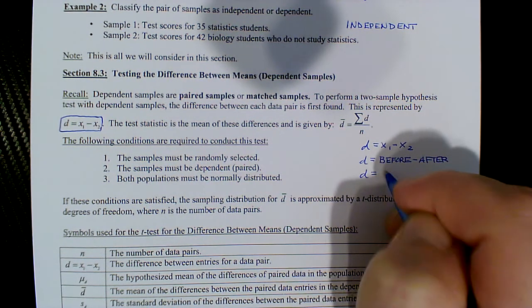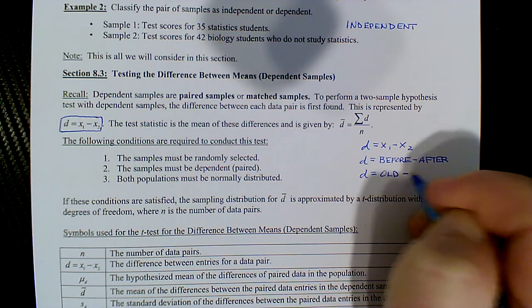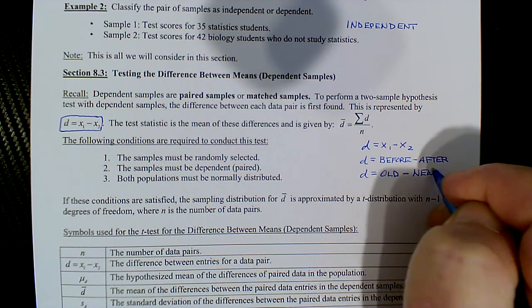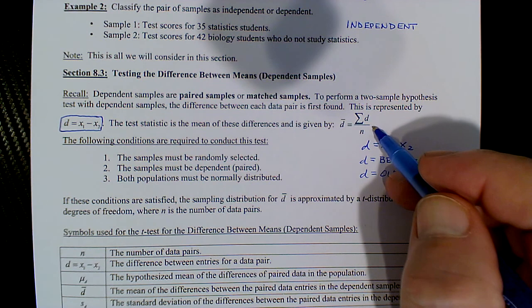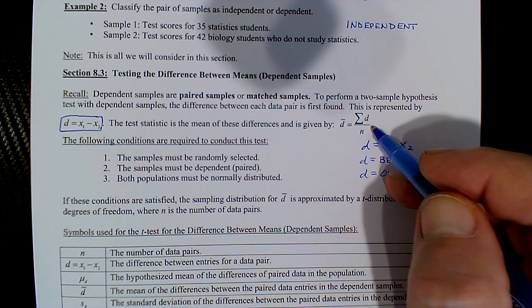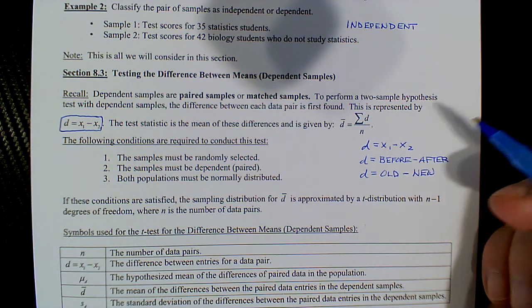Or if you like, you could think of it as old minus the new. So we calculate the difference of each matched pair, and then we calculate their mean. The mean of the differences, so we call it D bar.